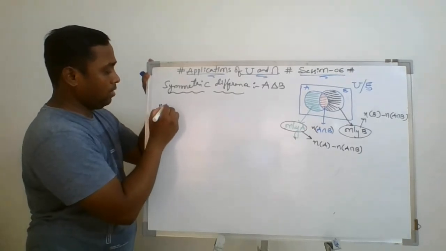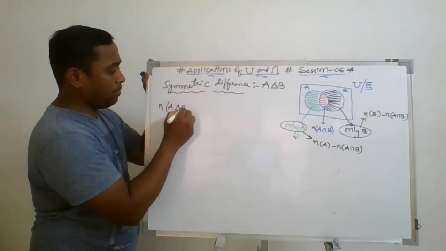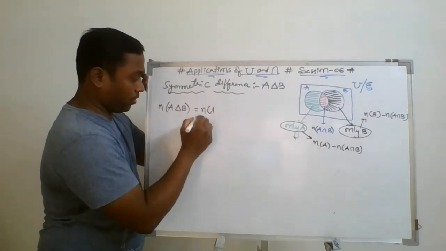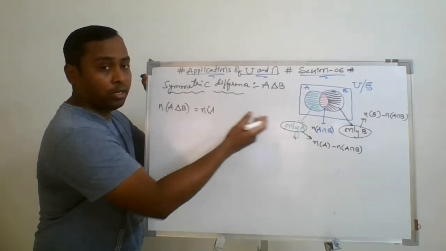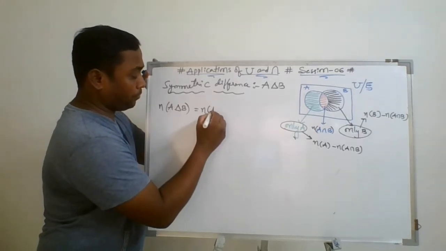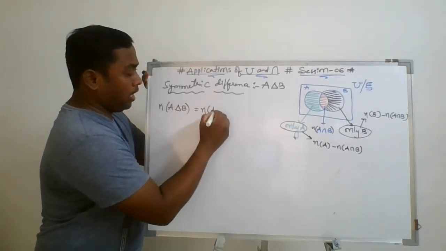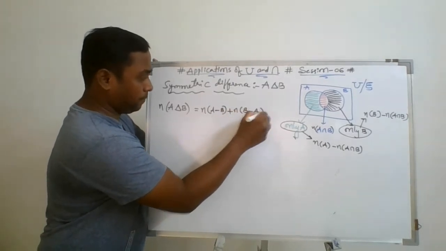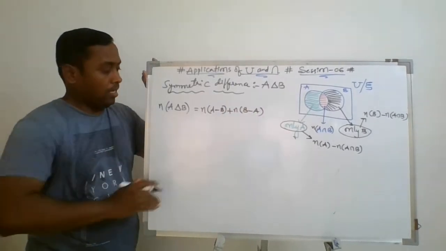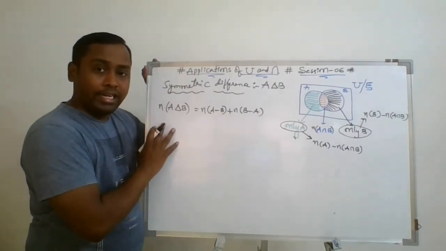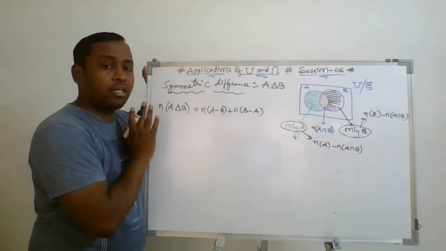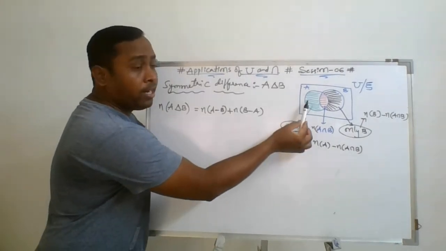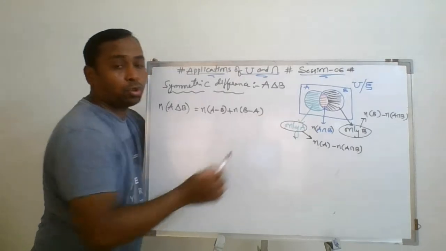So here number of A delta B means number of only A plus only B, also known as A minus B plus B minus A. I repeat, when we say A delta B, we are talking about the symmetric difference of two sets, meaning the green portion and the black portion.